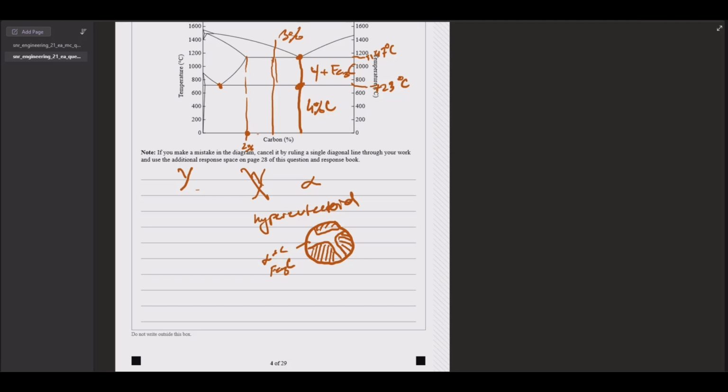So they could have added in there that the remaining austenite turns into ferrite, which forms perlite, but that's being nitpicky. The marks there are for identifying that the liquid forms a mixture of austenite and cementite, that the carbon precipitates out of the austenite to form eutectic cementite, and that perlite forms at the eutectoid temperature.